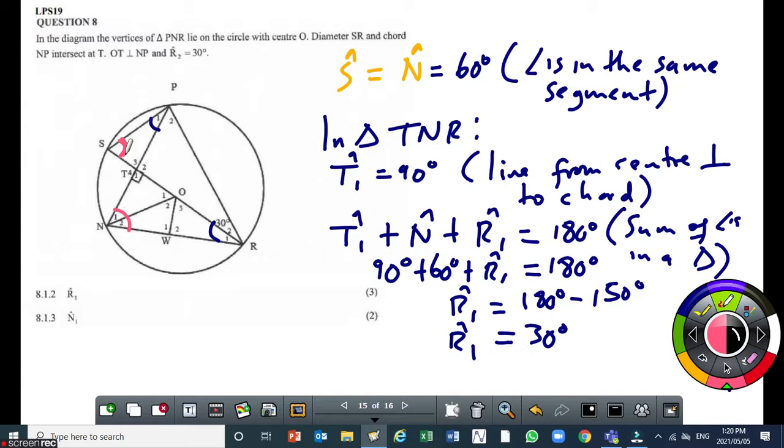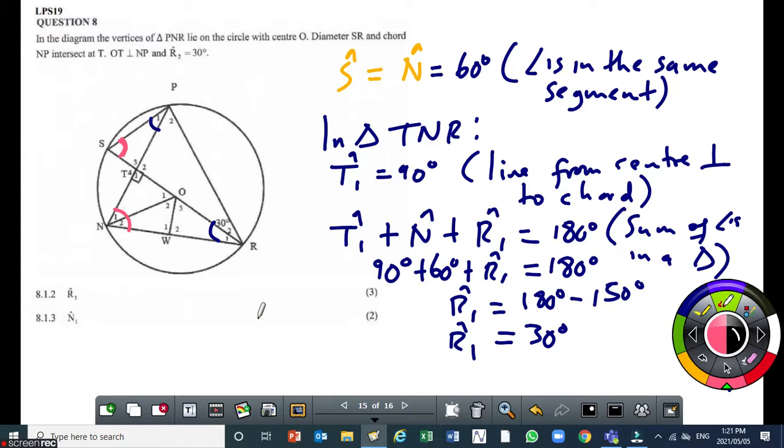Let me make this very clear: geometry is not about the hands, it's about how you get to it. Why are you saying that angle R1 is equal to 30? Well, don't make an assumption. Show us. Use the theorems and the geometry concepts to tell us why R1 is 30.